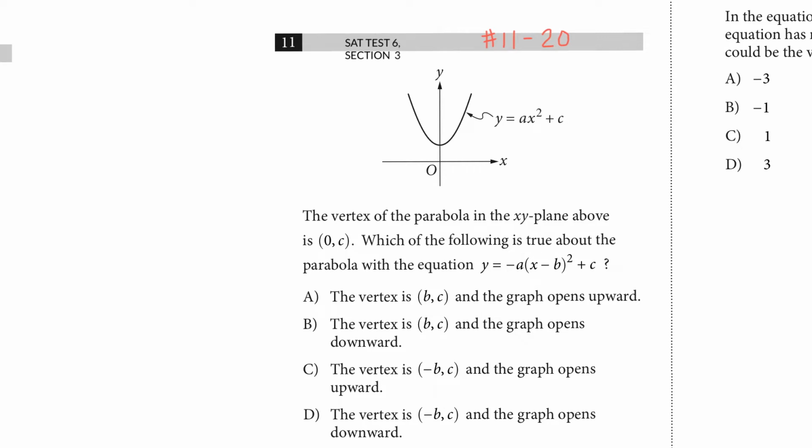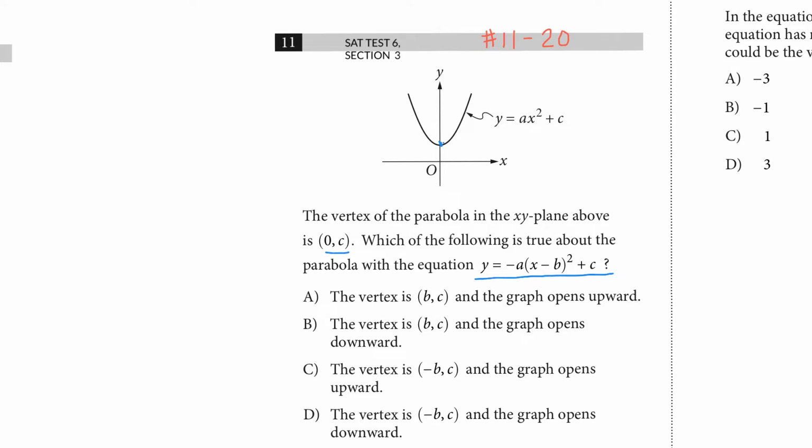So starting with number 11, it says the vertex of the parabola in the xy plane above is (0, c). So right here's the vertex, and it's (0, c). Which of the following is true about the parabola with the equation y is equal to negative a times (x minus b) squared plus c?